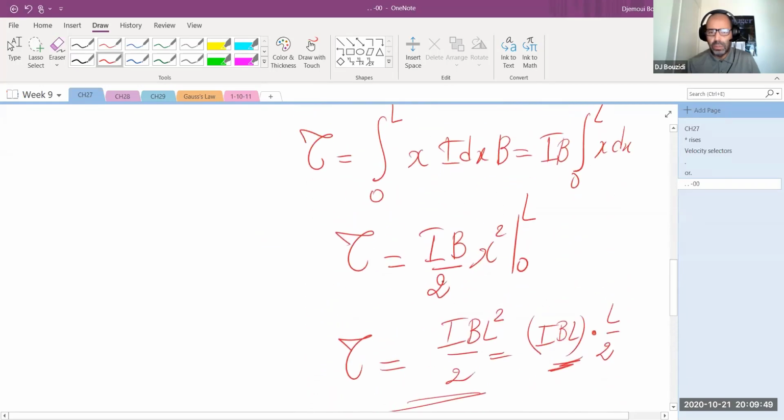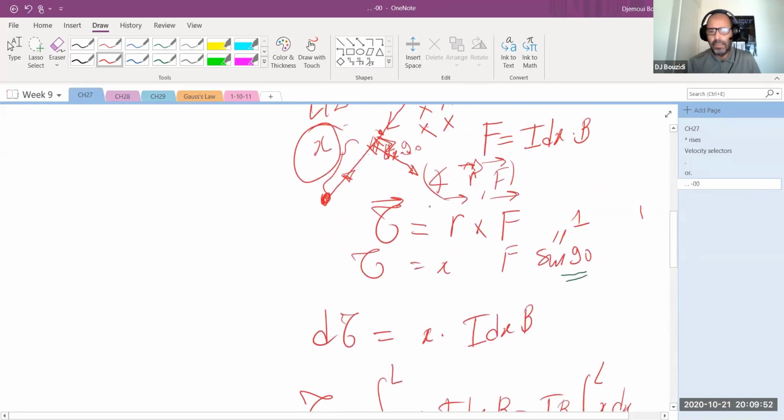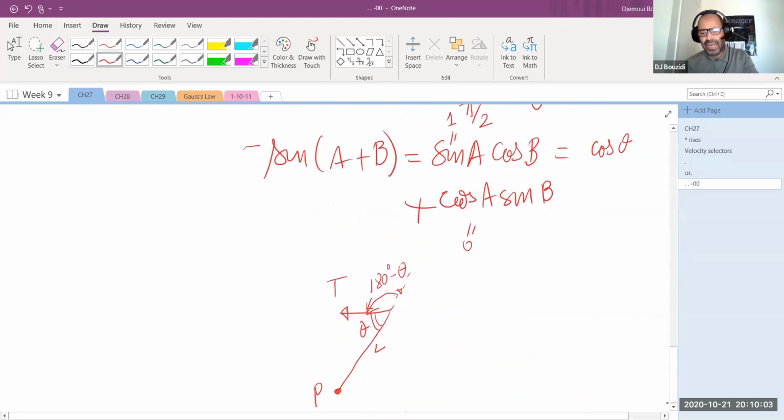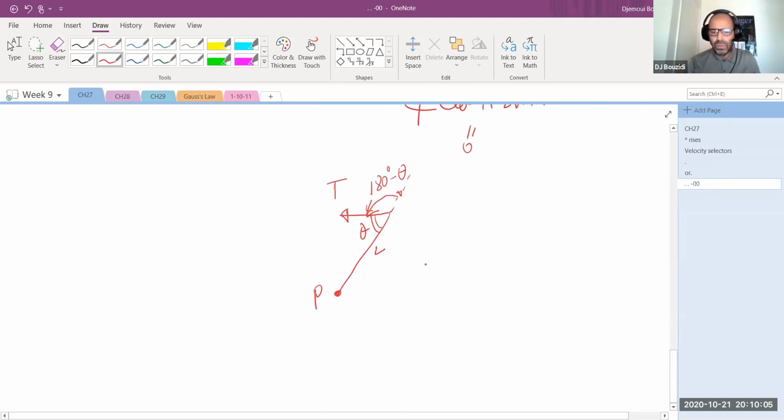This is the expression that we're going to apply. The length R right now is L. So the torque for the tension now is L itself, because it's applied at the whole length of the rod, times the tension, which I don't know, and that's part of what I need to find, sine of 180 degrees minus theta. I don't have to put a negative because it's in the positive direction, from R towards the tension.